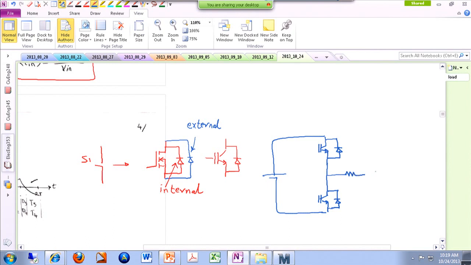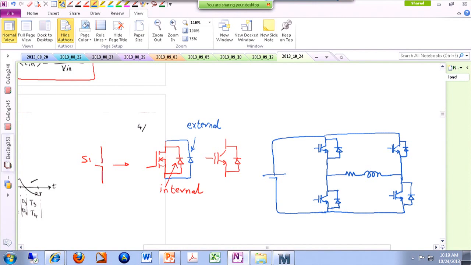This is our load, and same thing over here. All right, so this is actually the physical realization of your ideal switches.